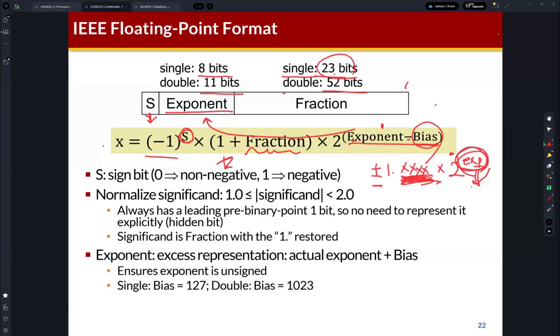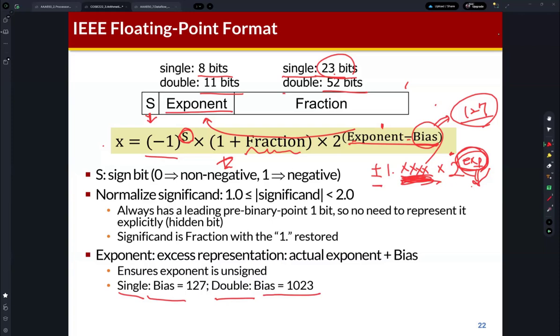In the single precision, the bias is 127, which is half of the 8 bits range minus 1. For double precision, the bias is 1023.